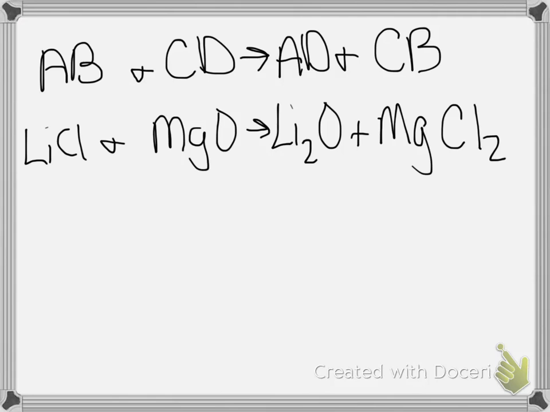When you look at this, the magnesium and the lithium are switching places, same thing with the lithium and the magnesium over on this part. Magnesium's a +2 and oxygen's a -2, so that's why it's just MgO. But on the product side, lithium's only +1, and oxygen's still -2, so you need two lithiums for every oxygen.